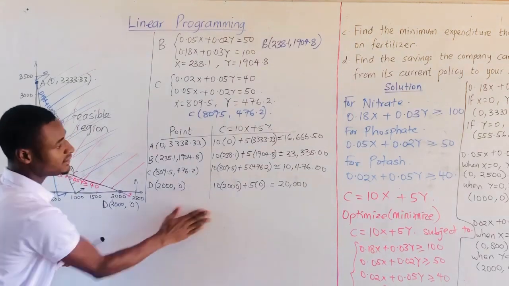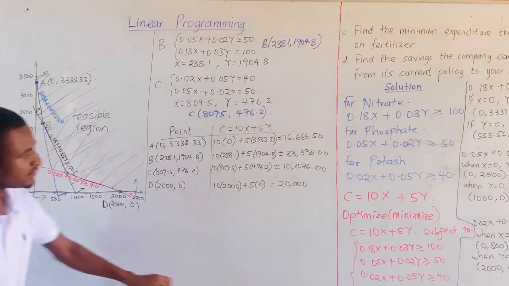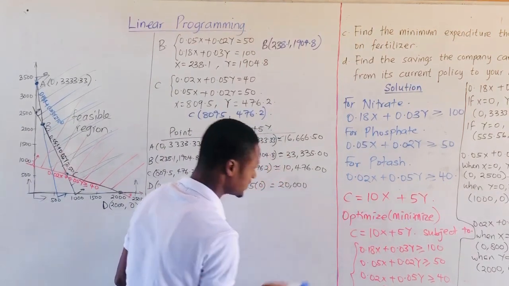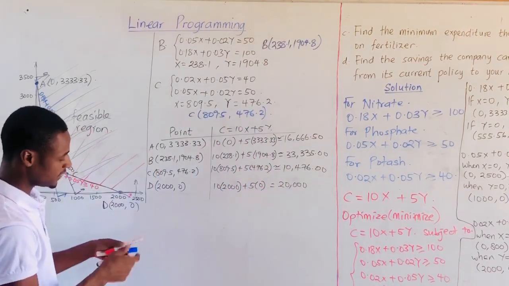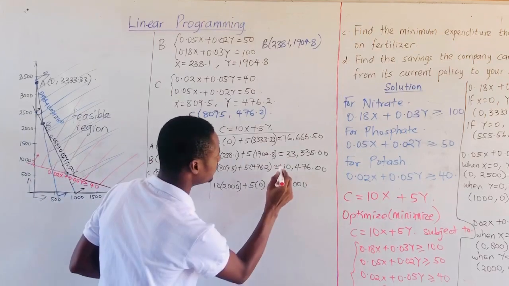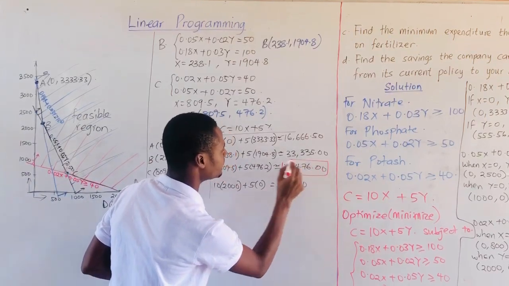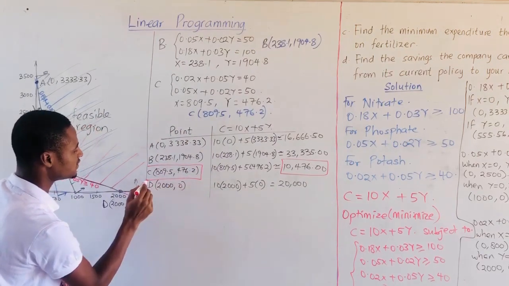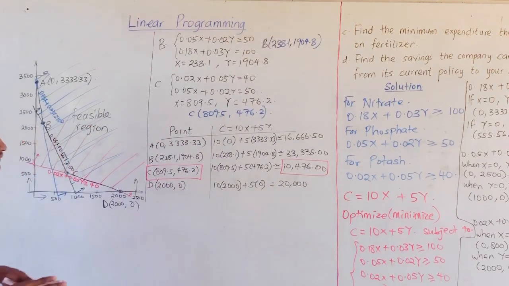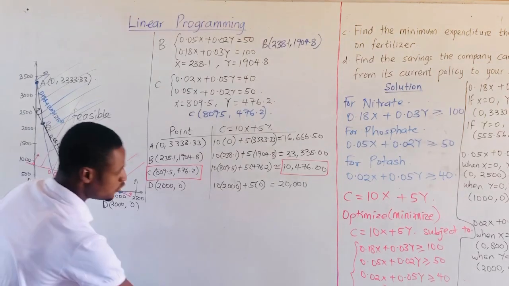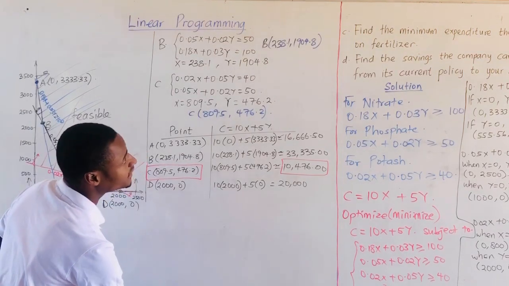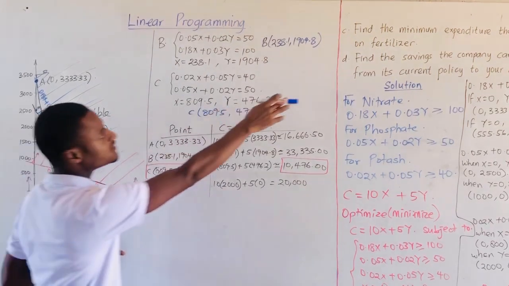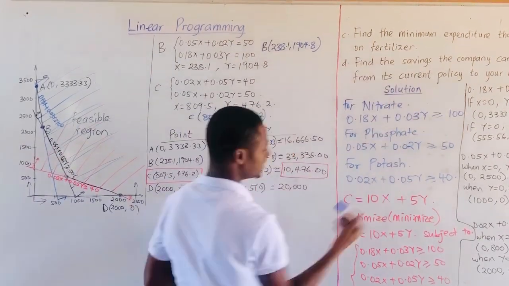Then, in our question, we want to optimize. That is to minimize the cost. And so we will look for the minimum cost, which is this. And then the values of x and y that give us those minimum costs. So if we want to have the minimum cost, then our expenditure, question C says find the minimum expenditure.